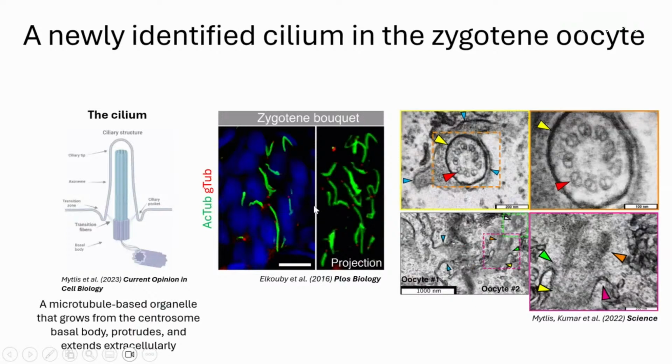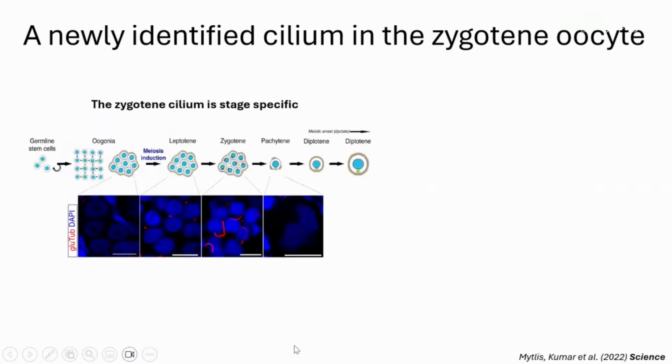An interesting answer to it came in the shape of our former discovery of the zygotene cilium, which is a microtubule-based organelle, 9+0, within the ciliary axoneme, here in the ultrastructure. It grows from the centrosome and protrudes extracellularly.